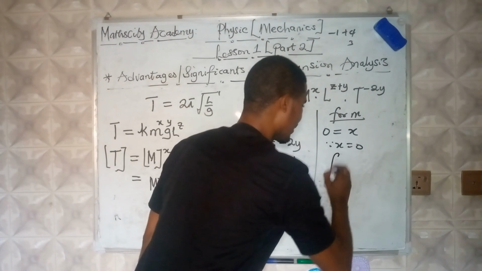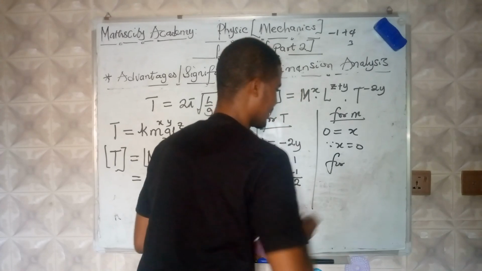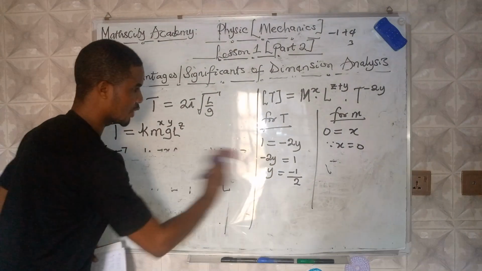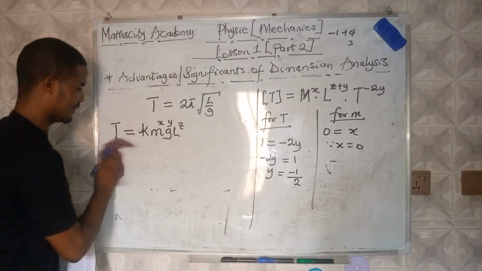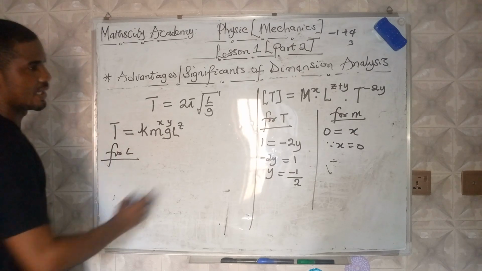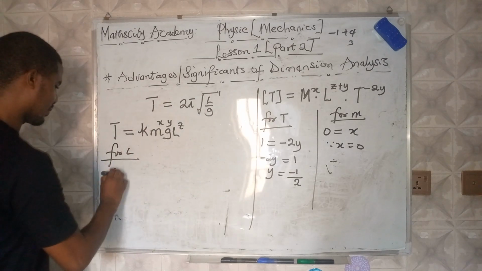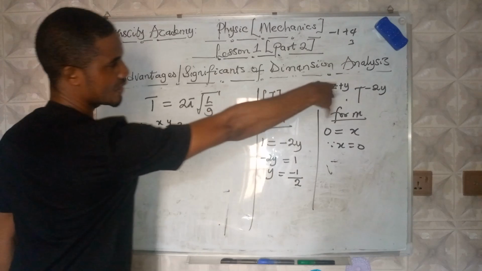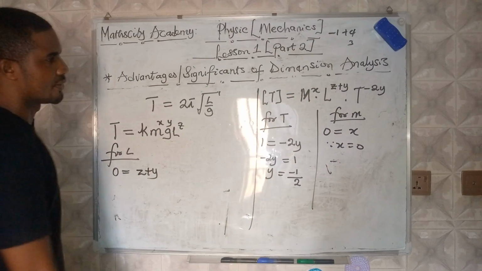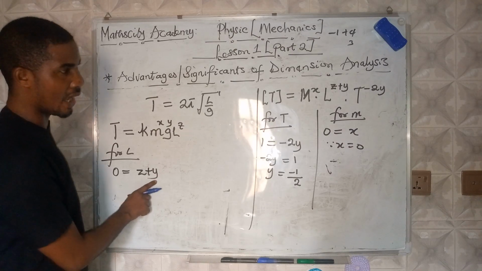Let's evaluate for L now. For L, at this part, L is 0, whereas at this part, L is z plus y. Remember that we already have the value for y.